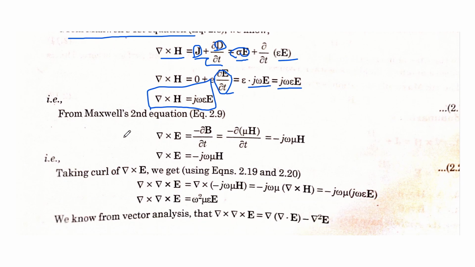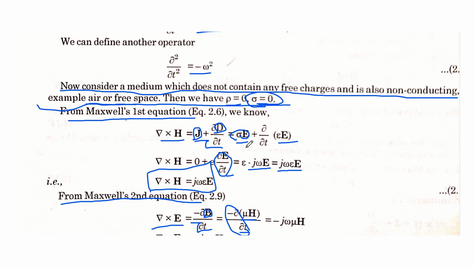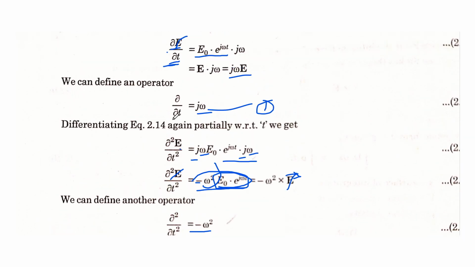Now consider Maxwell's second equation. From Maxwell's second equation, we know del cross E bar is equal to minus dou B bar by dou T. We know B bar is the magnetic flux. We can represent B bar in terms of the magnetic field H, so minus dou mu H bar by dou T. We already derived the value of dou by dou T, which is J omega.